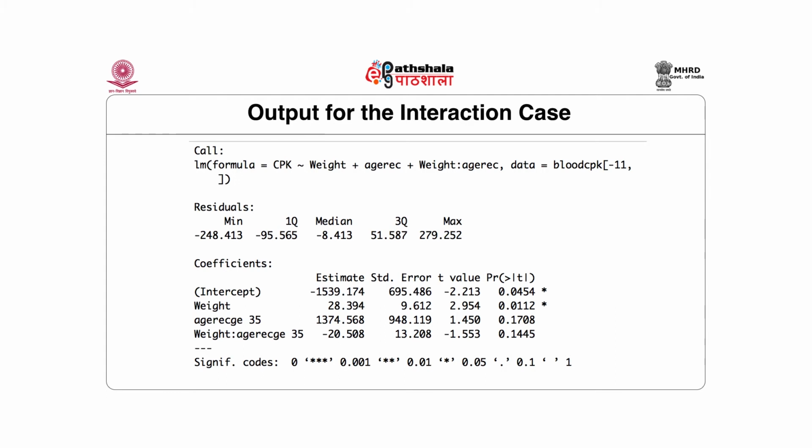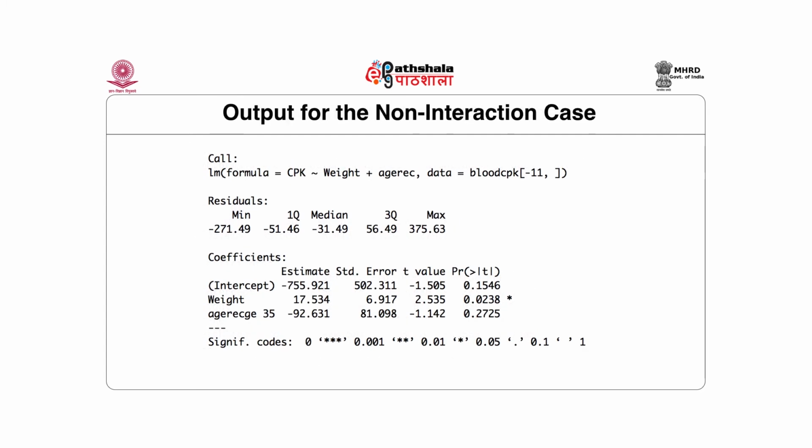When something like that happens, this is how the output gets presented, and we could go about it in our usual ways by plotting these numbers and fitting them. But to keep things as simple as possible, we then put the output for the non-interaction case.